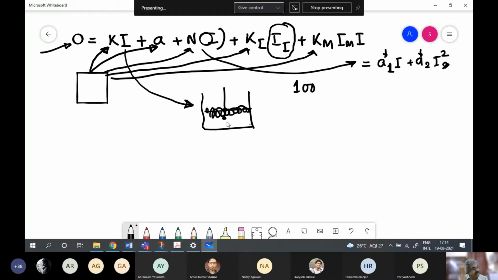Every time we are dipping that thermometer into, let's say, boiling water, we will not get exactly 100 degree centigrade every time. So we will actually get a cluster of values as measurement. Hopefully, if the instrument is well made, it will be a small cluster.